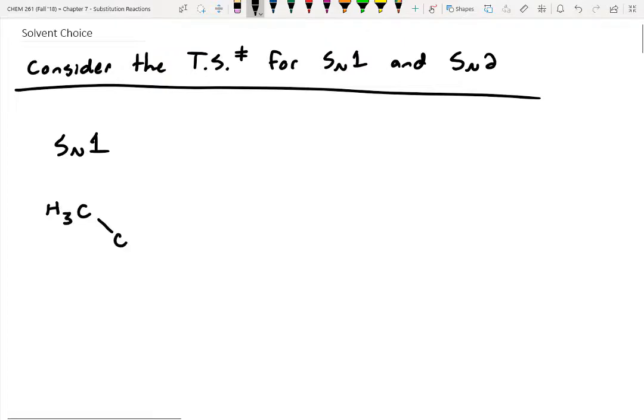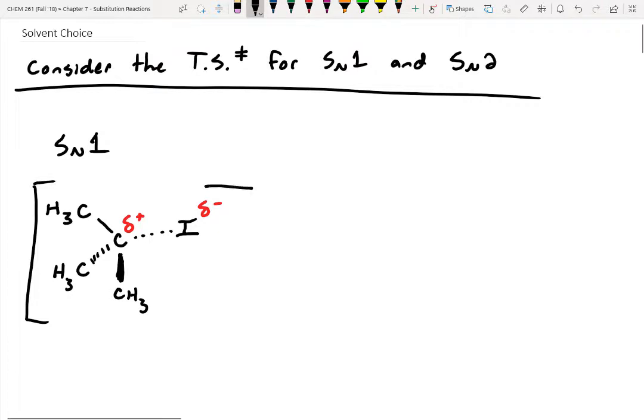I'm just going to make up an example molecule. In this example, my leaving group is an iodide, so I'm going to show that as delta negative. The carbon is becoming a carbocation, so I'm going to show that as partial positive.